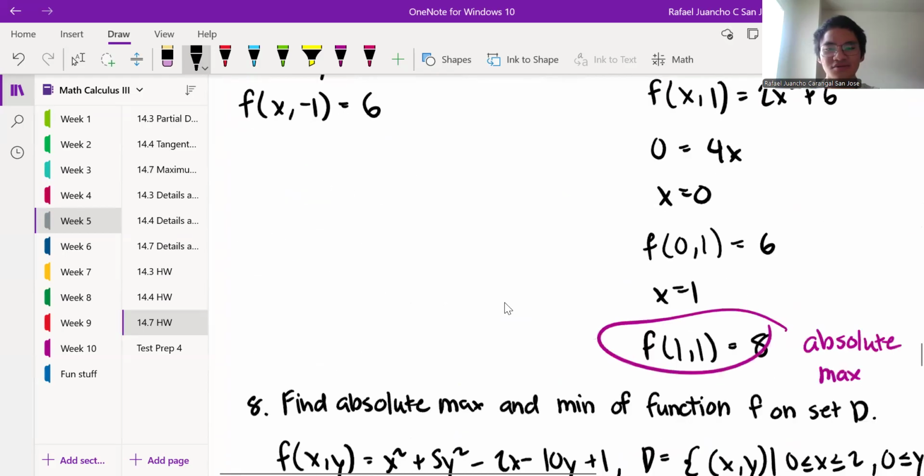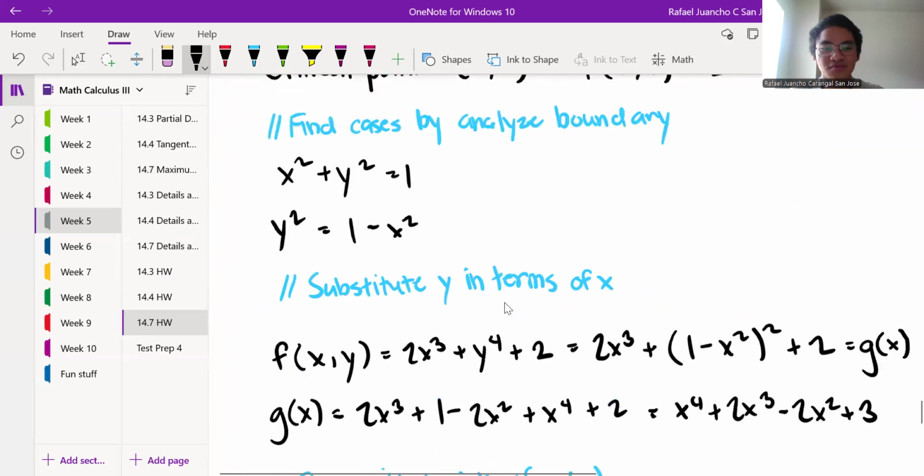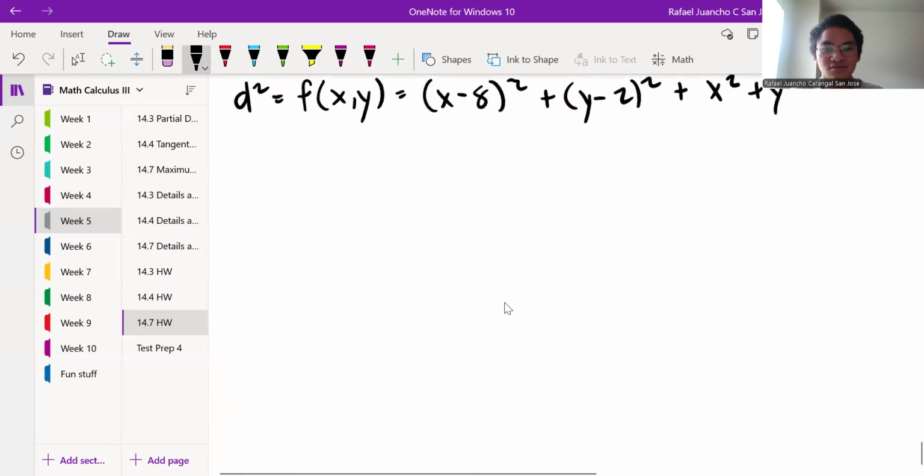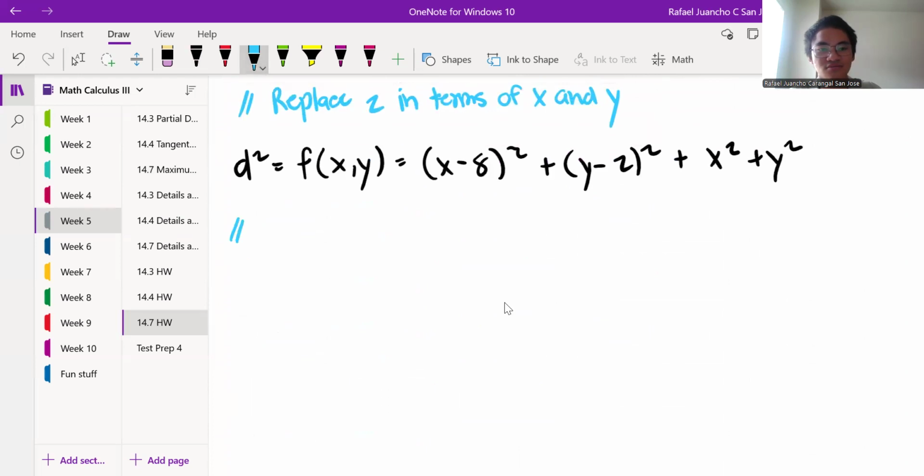I didn't know it was that simple. So I solve for critical points. Easy.